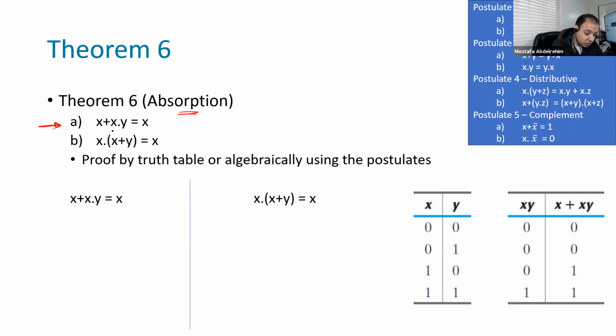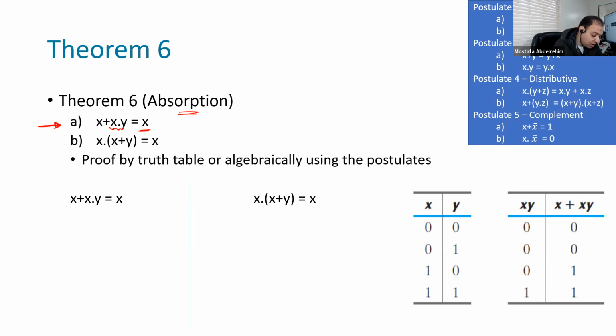We need to prove that x or x dot y is equal to x. So here is x and y, 4 combinations, 0 0, 0 1, 1 0, 1 1. Here is x dot y. We need this one here. X dot y: 0 and 0 is 0, 0 and 1 is 0, 1 and 0 is 0, 1 and 1 is 1. Good.